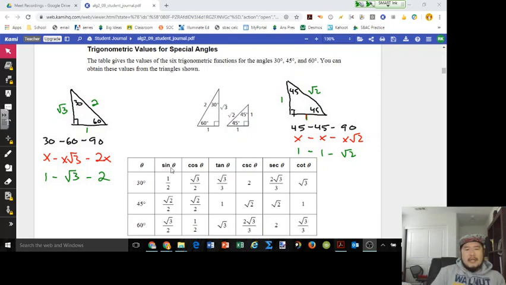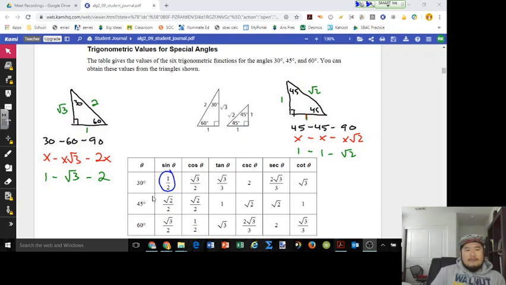Well, remember, if we think about SOHCAHTOA, sine is opposite over hypotenuse. So what you're going to have to do right here is take this 30-degree angle, and then we'll look at which sides are opposite and hypotenuse. Opposite of the 30-degree angle is 1, the hypotenuse is 2, and that's how they came up with 1/2.